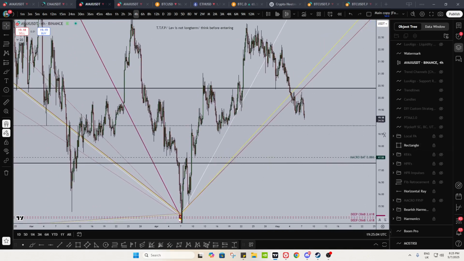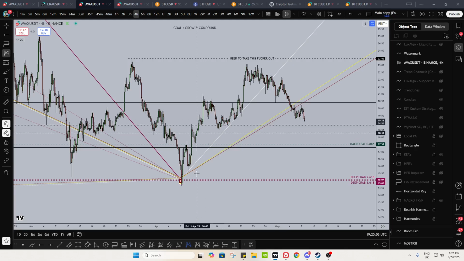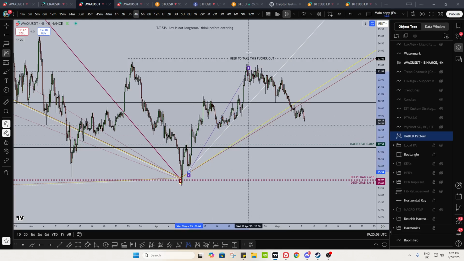So the next wave structure would be this 1.363. Now you're going into the realms of the alternate bat, 1.13. Talk about potential liquidity.